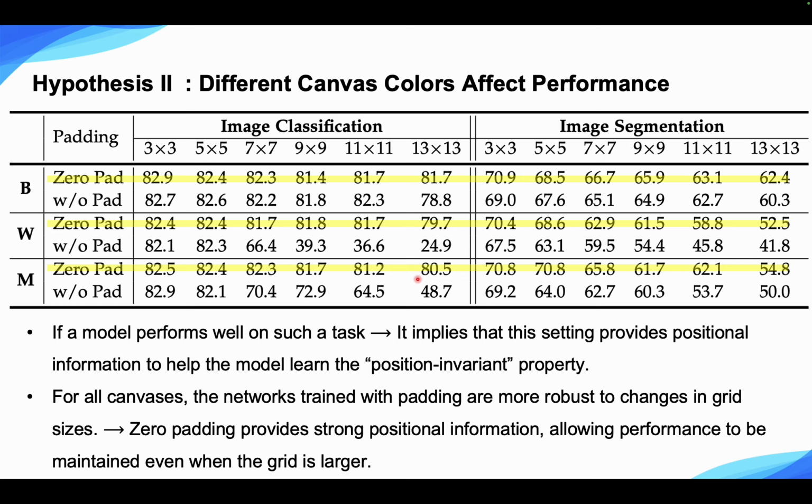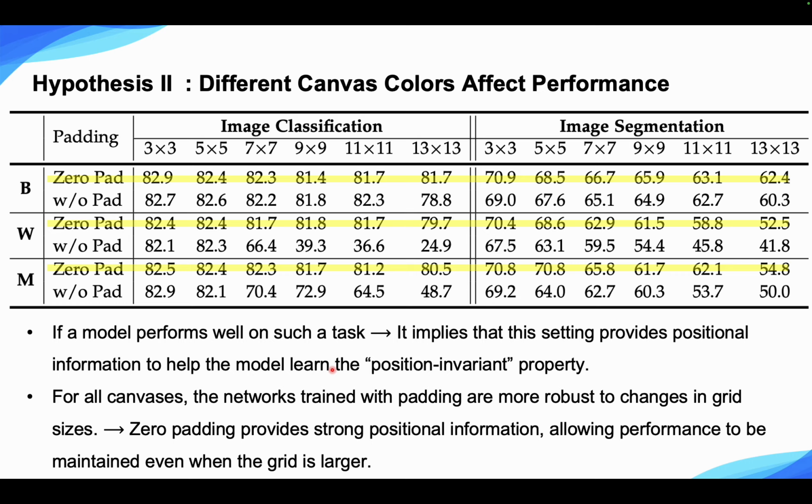So as I mentioned earlier, if a model can perform well on such a task, it implies that this setting provides positional information to help the model learn the position invariant property. So you can see that for all canvases, the networks trained with padding are more robust to changes in grid size.